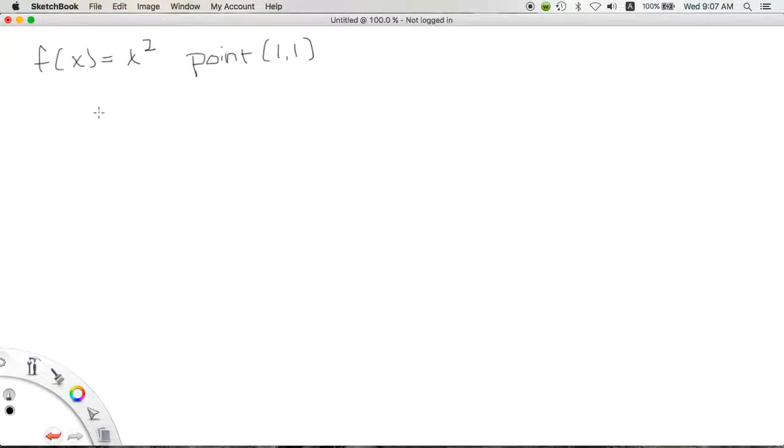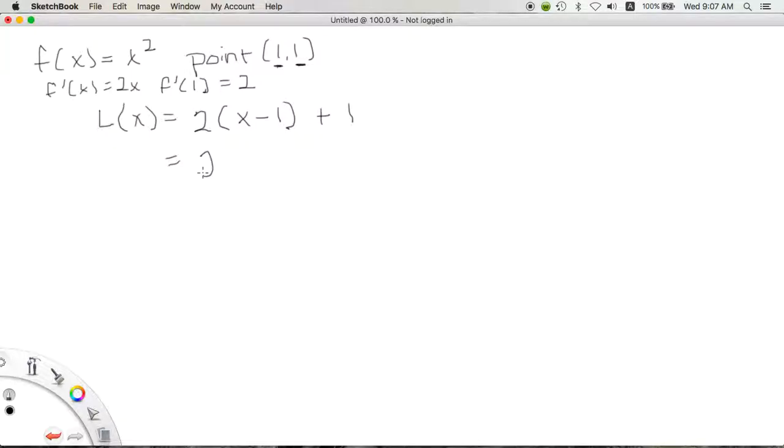Then our linear approximation at that point is, well, the derivative is 2x, so f prime at 1 is 2. So we've got the derivative times x minus the x value plus the function value at that x value. So this is a, and this is our f of a. So we simplify this out.